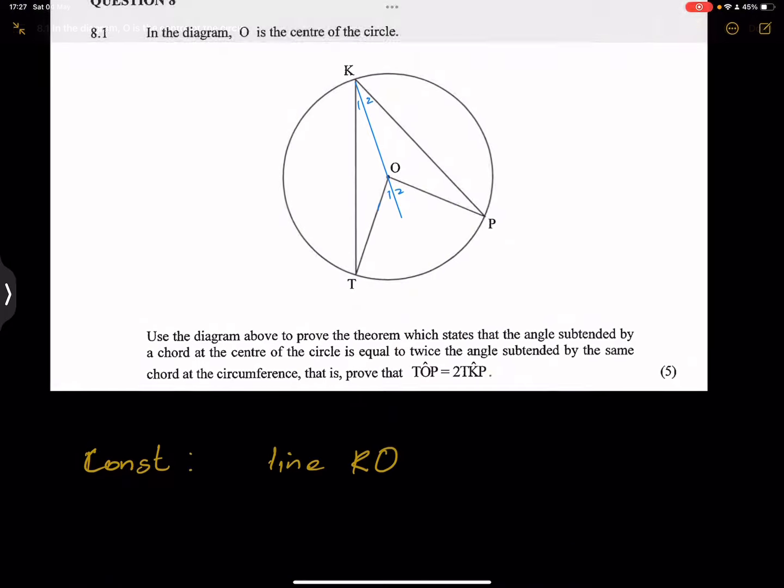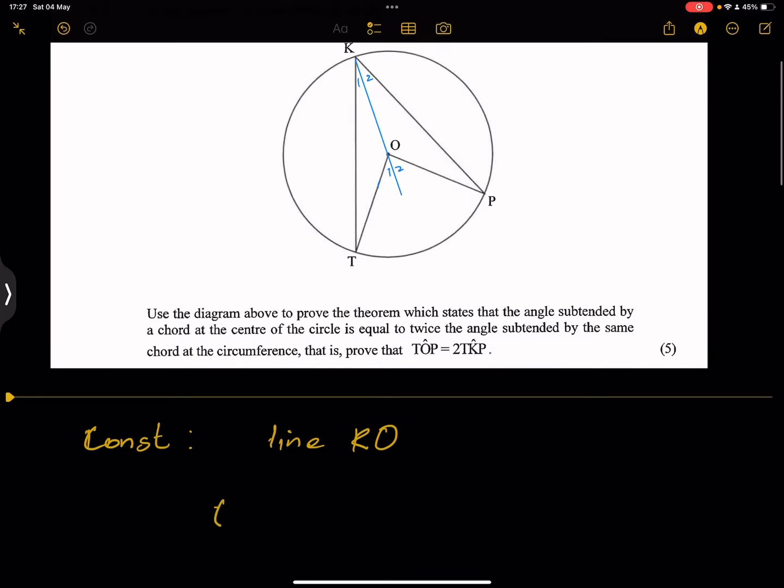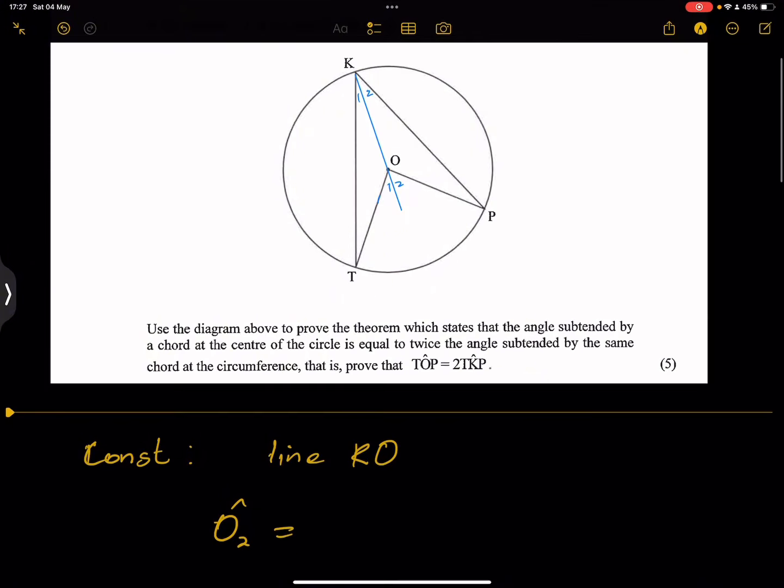So draw line KO such that now I know that angle O2 would be equal to K2 plus angle P, right? So O2 would be K2 plus P. Why is that?